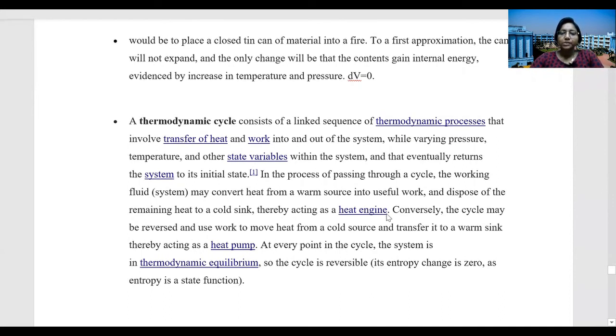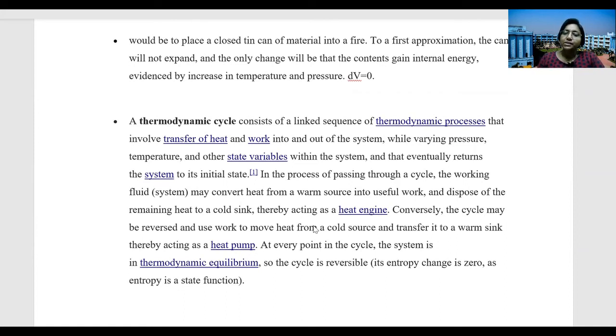So in this process of passing through a cycle, the working fluid may convert heat from a warm source into useful work and dispose of the remaining heat to a cold sink, thereby acting as a heat engine.